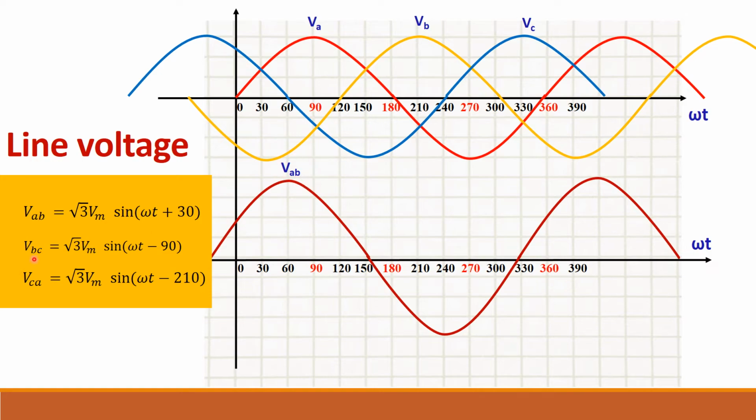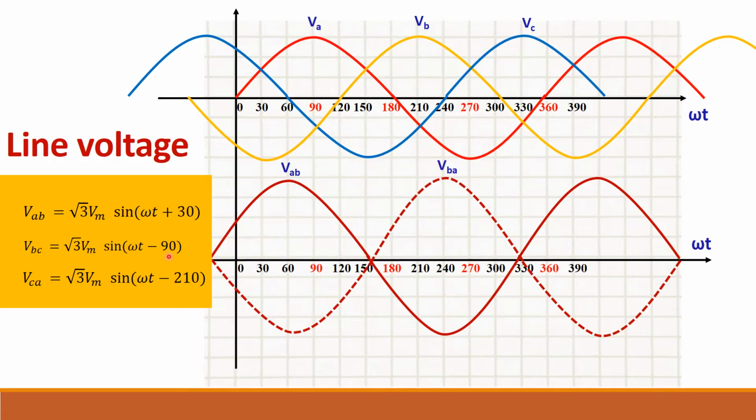Now we have to draw VBC. Before that we can draw VBA. BA is just the inverse of AB, so draw it like this. The dotted line represents the inversion of VAB. Now VBC is lagging by 90 degree.